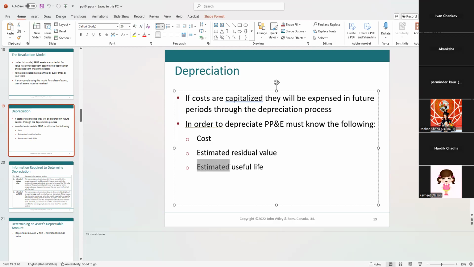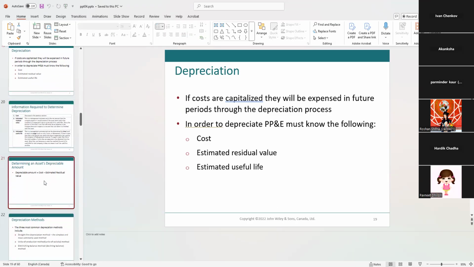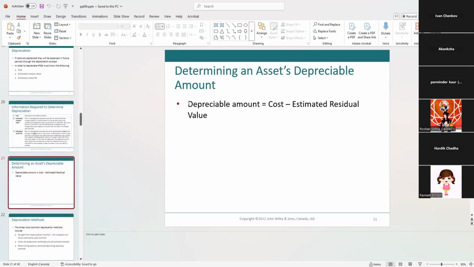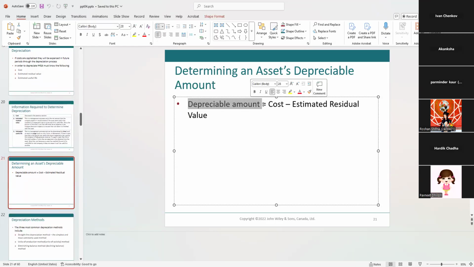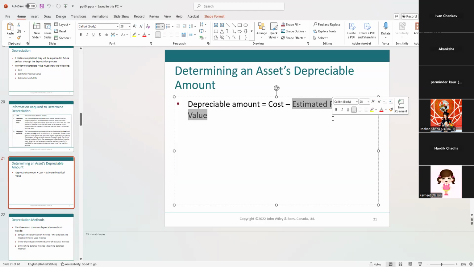And the last thing is to estimate the useful life. Now, the useful life can be in years or in units of production, and that's pretty much all the options that we have. So how much do we have to depreciate? We always have to depreciate only the cost minus the estimated residual value. That's why the residual value is important.